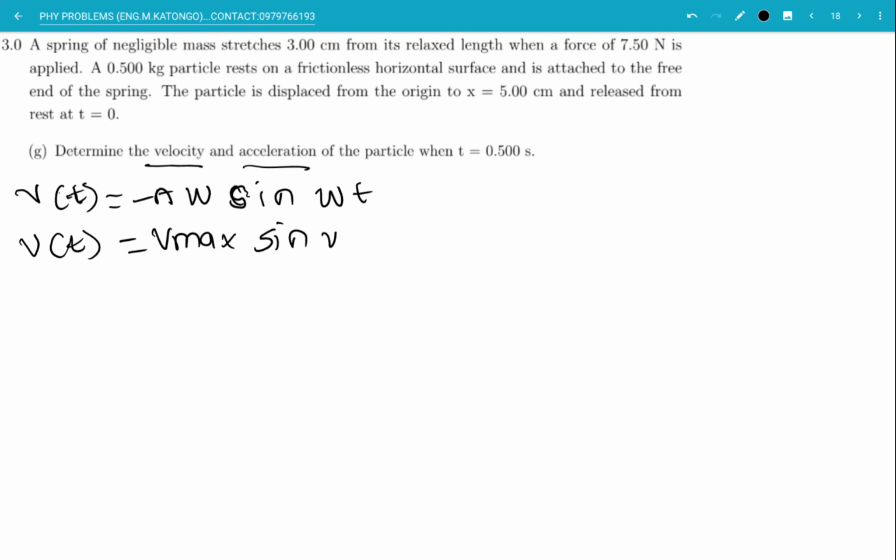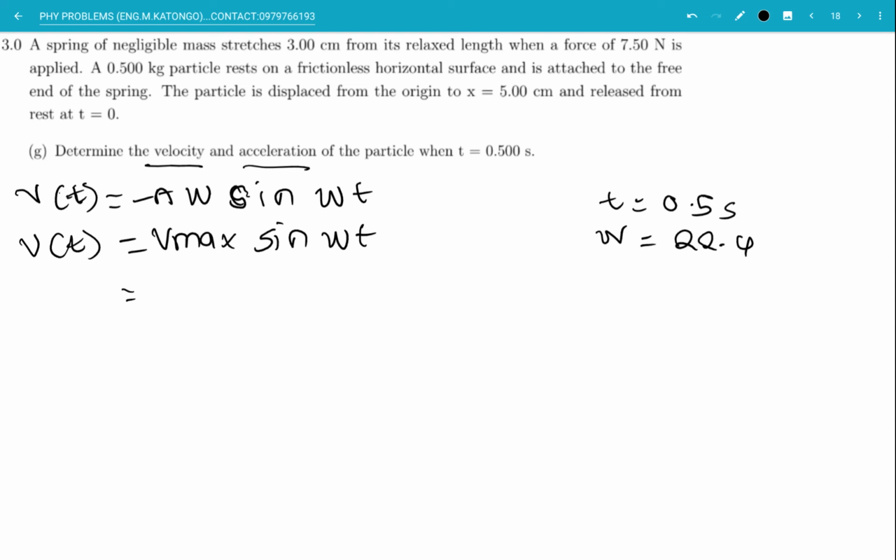Our time given is 0.5 seconds, and our angular frequency is 22.4.